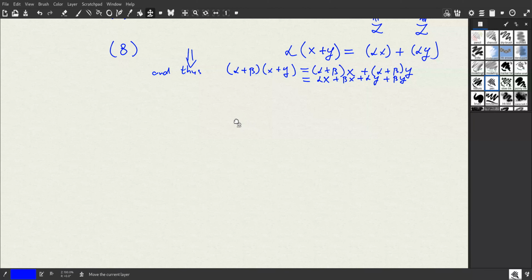So first of all, let us see some interesting consequences of those axioms.